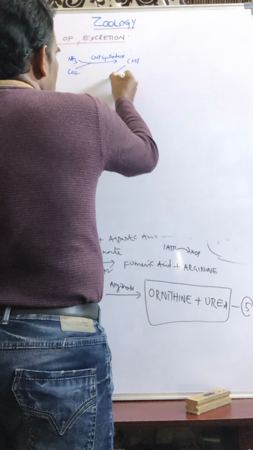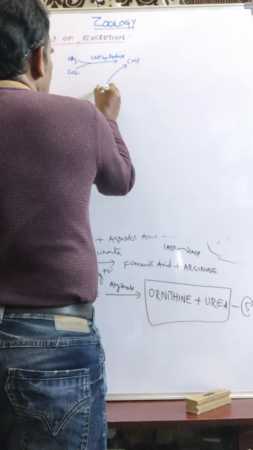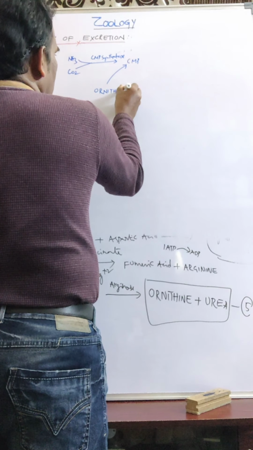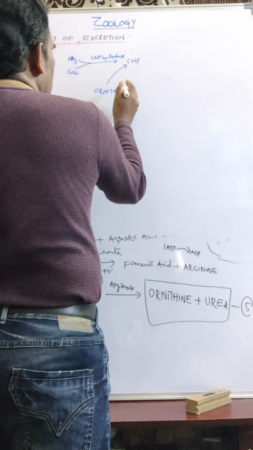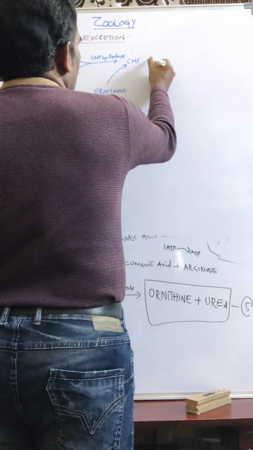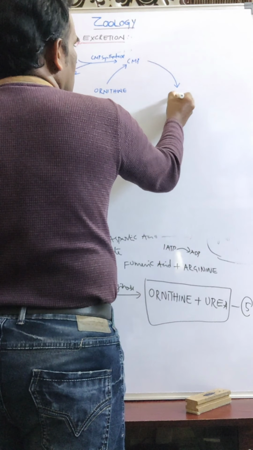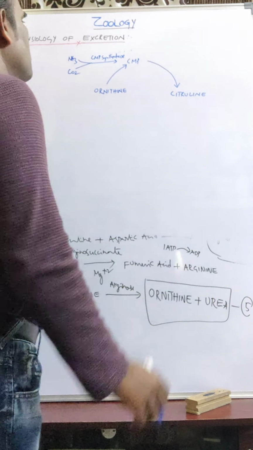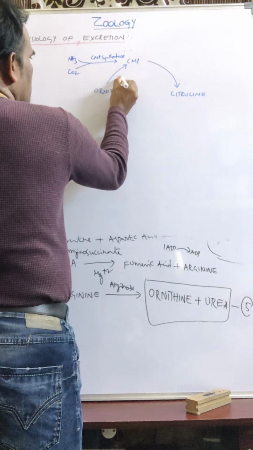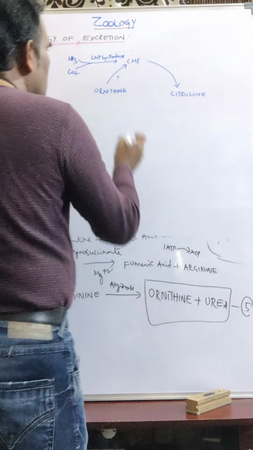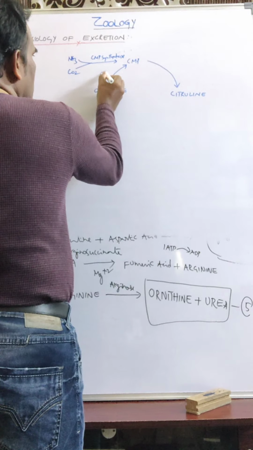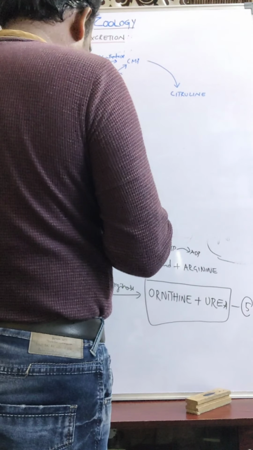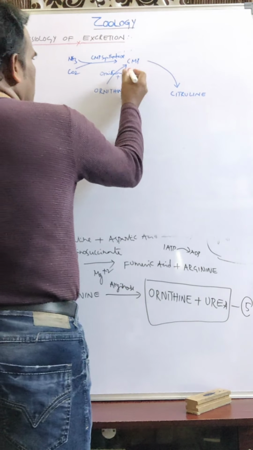This carbamyl phosphate combines with ornithine, which is an amino acid, and forms citrulline, in the presence of the enzyme ornithine transacetylase.